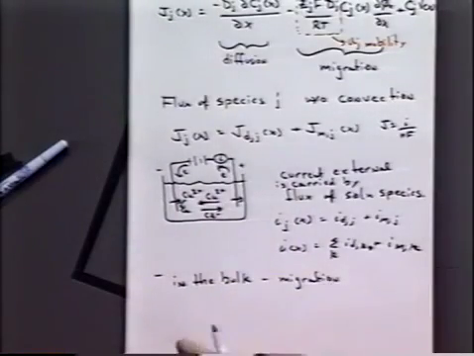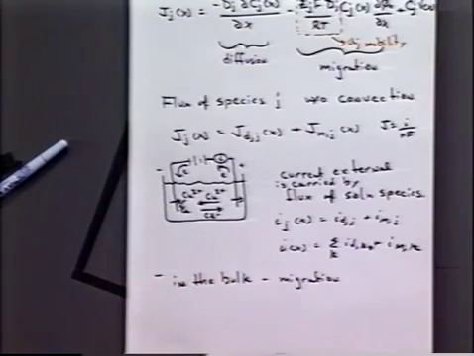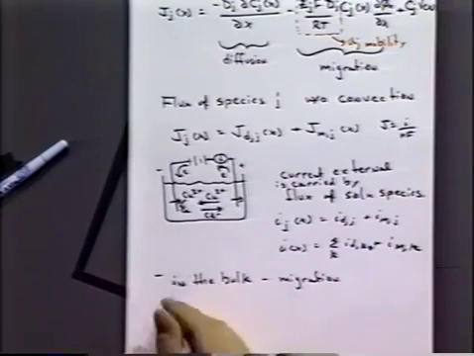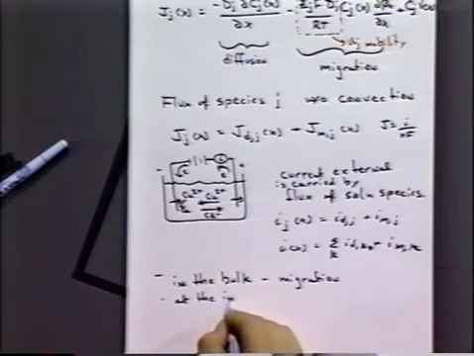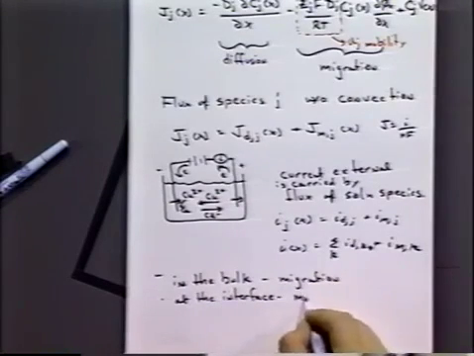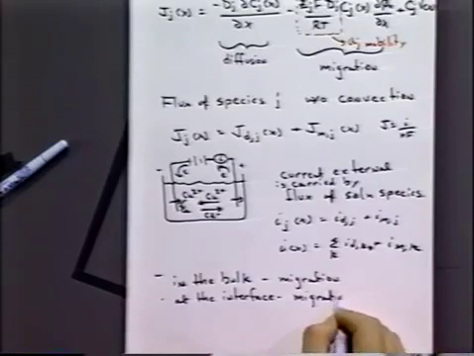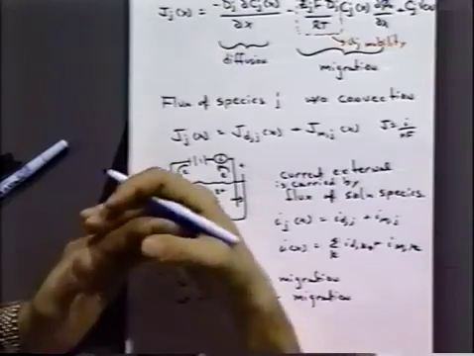In other words, the electric field that's set up by having a potential difference between those two electrodes is causing the movement of ions. Now at the interface, we can have both migration and diffusion, because at the interface, especially if we have current flow, there will now be a concentration gradient.